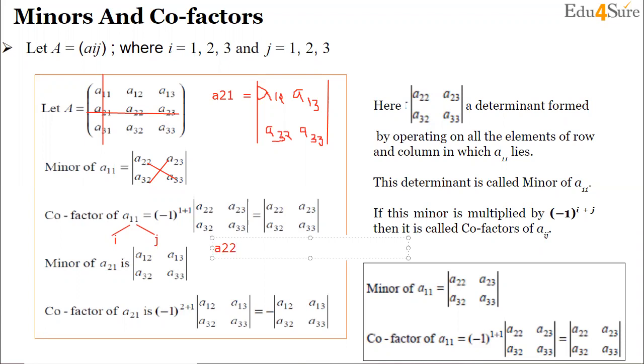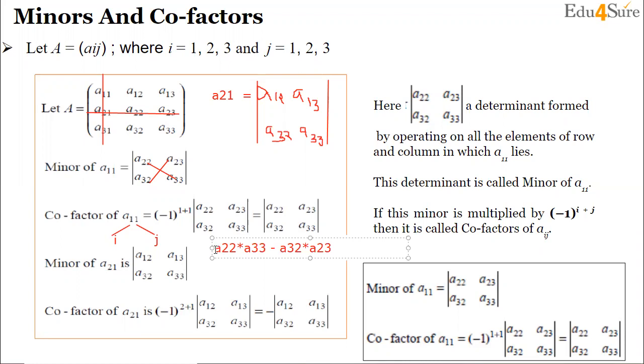So what you will get here is A22 dot, dot means multiplication here. Let me take an asterisk to make it clearer. A22 * A33 minus A32 * A23. So this will be your answer.